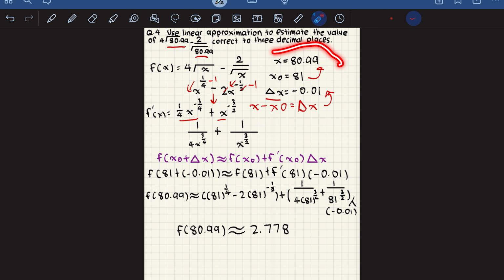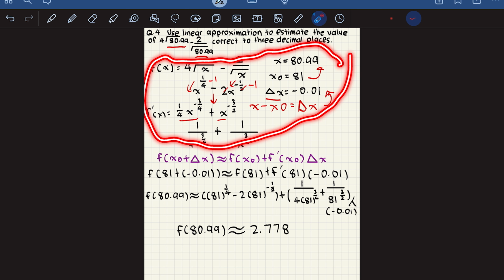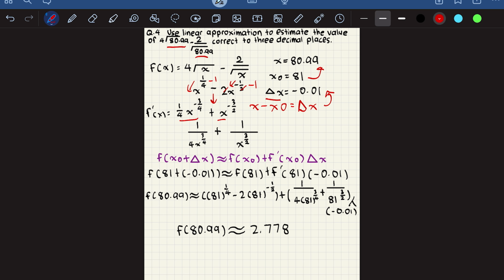We'll use all of our values here in this formula. We'll substitute x0 with 81, our delta x with negative 0.01, our f(x0) with 81, our f prime with 81, and our delta x with negative 0.01.